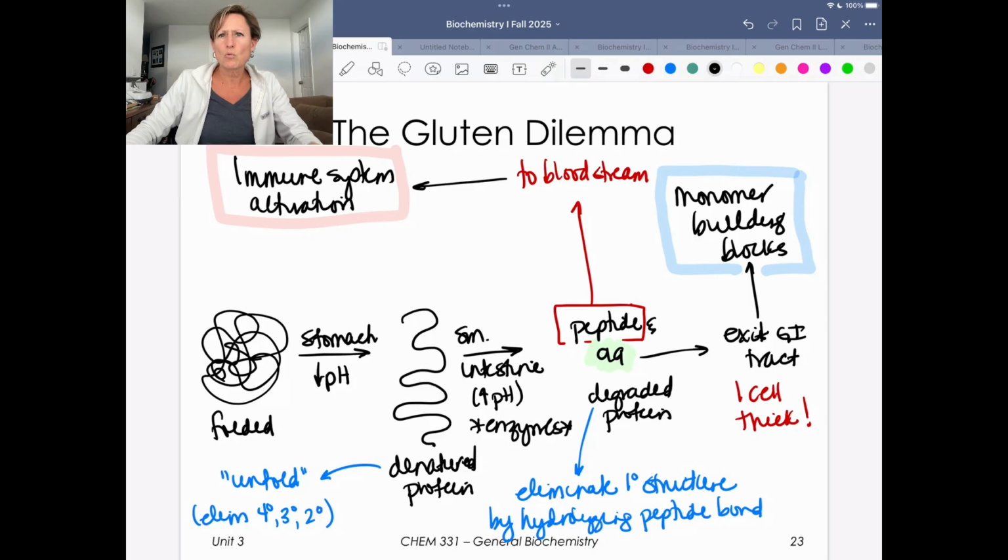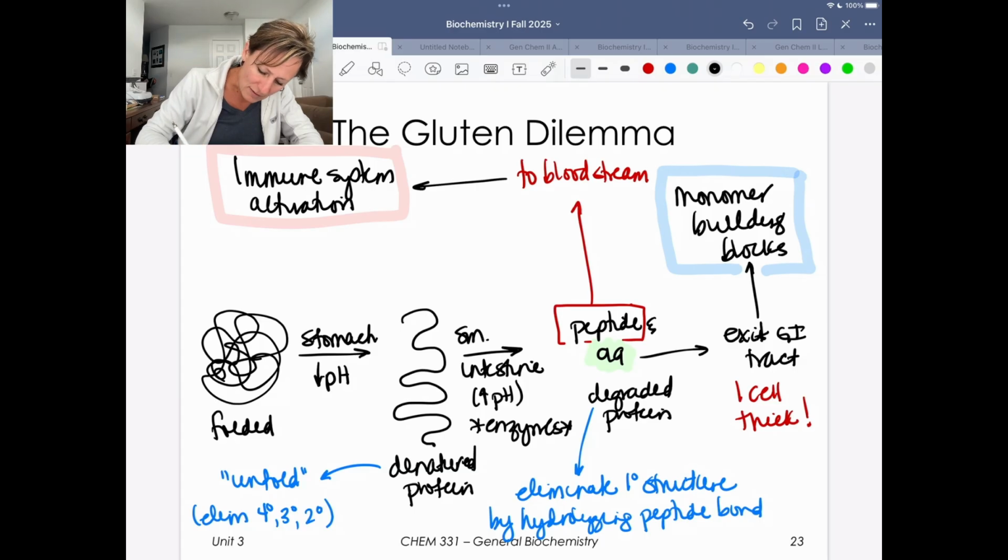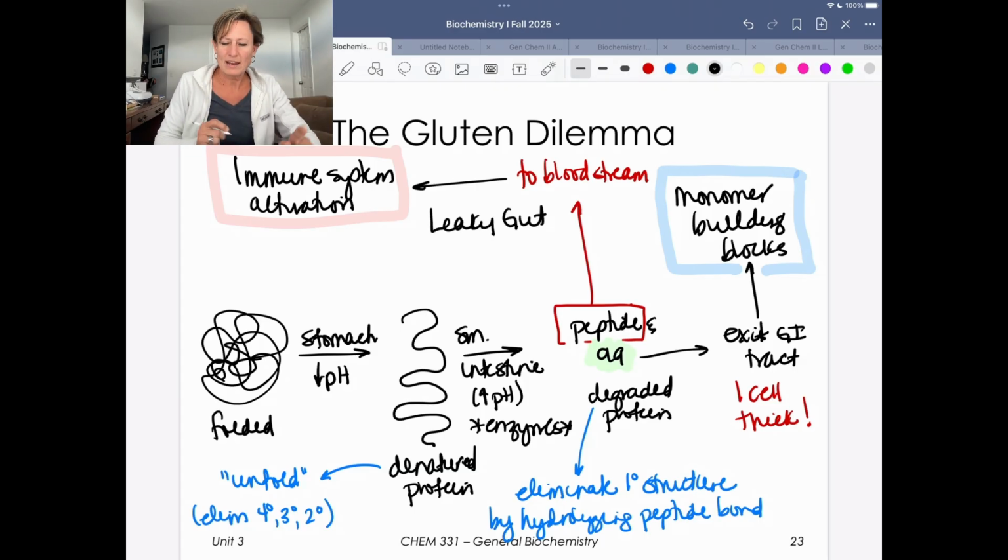So why or when would you have pieces of protein exiting out of your GI tract? Well, that happens when you have something called leaky gut. You have this one cell thick junction that is your small intestine, and these cells are supposed to be nice and tight against one another. But if the integrity between that cell junction is broken, you can have pieces that are larger than are supposed to get out.